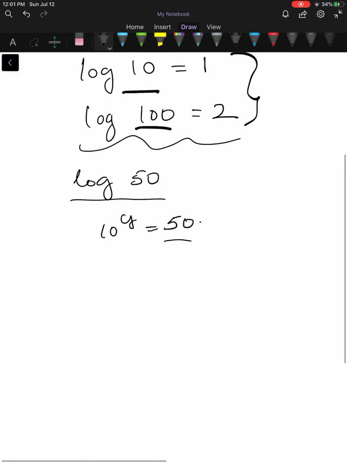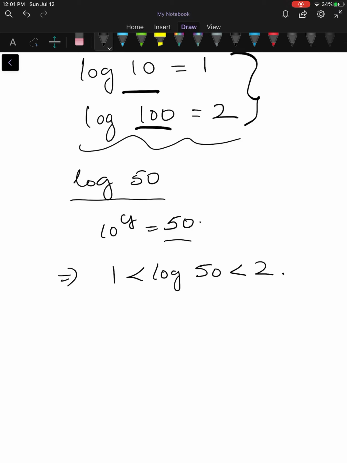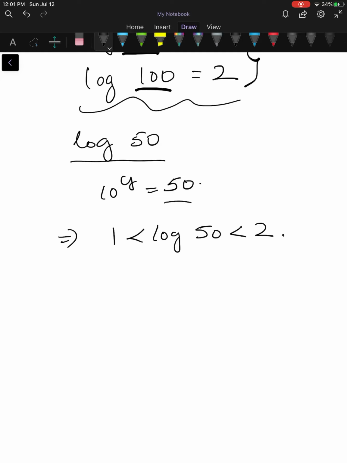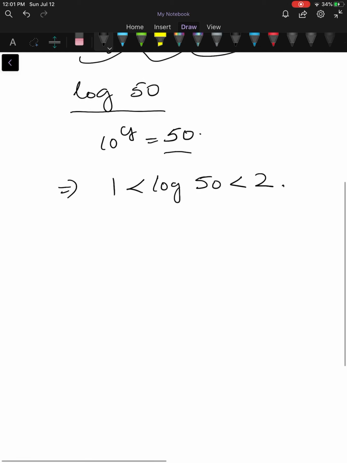So log 50 must lie between 1 and 2. Therefore 1 is less than log 50 and log 50 is less than 2. To get a better approximation, we find a power of 10 closer to 50.